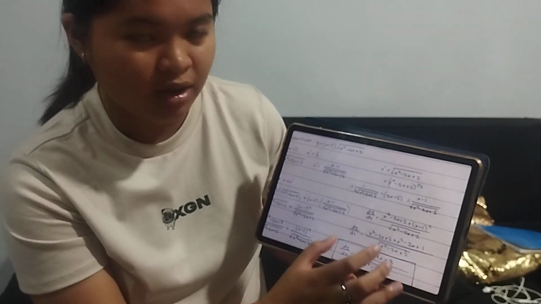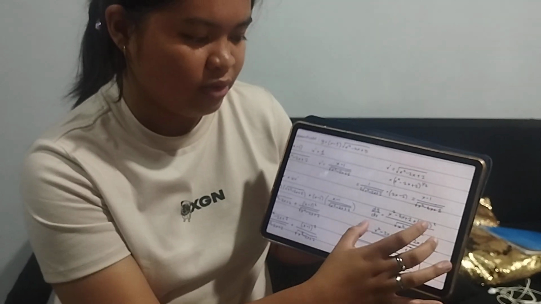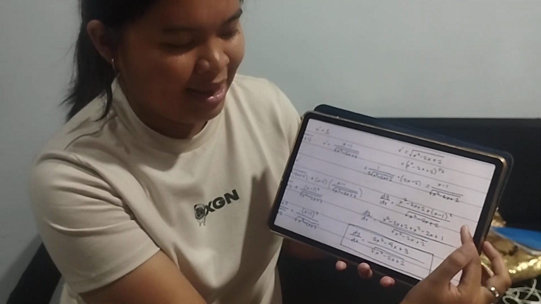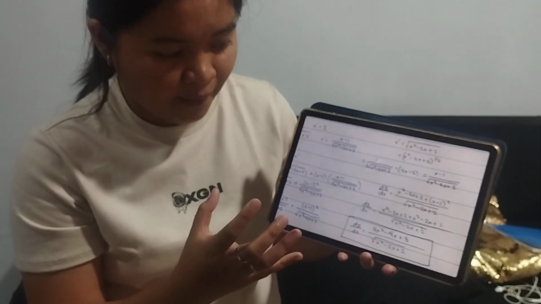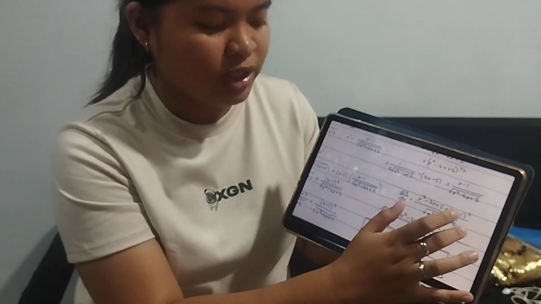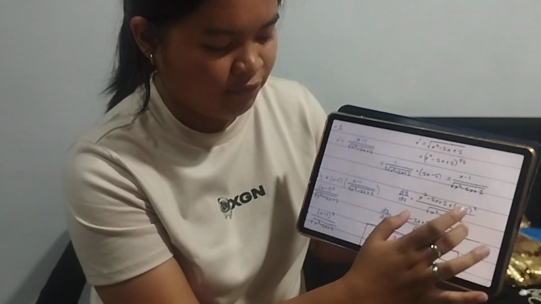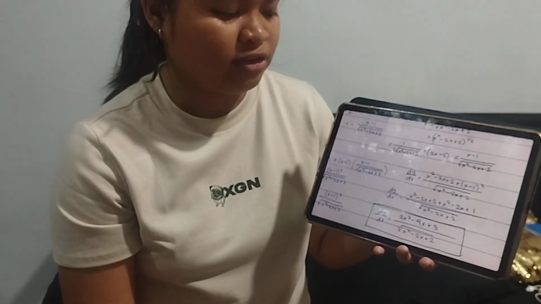Simplify the terms again and combine the similar fractions, in which the answer resulted to the derivative of 2x squared minus 4x plus 3 over the square root of x squared minus 2x plus 2.